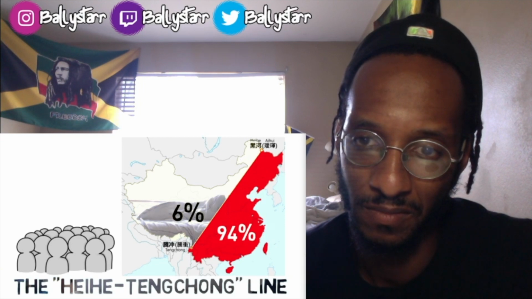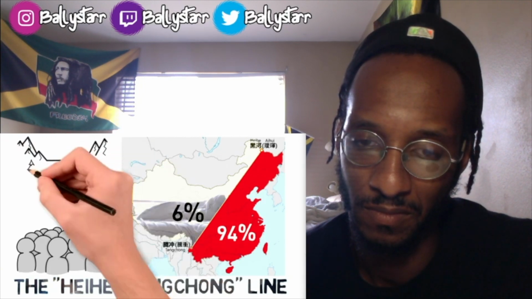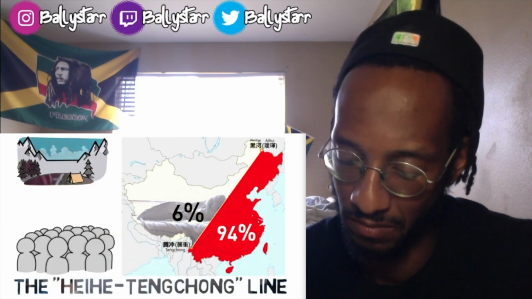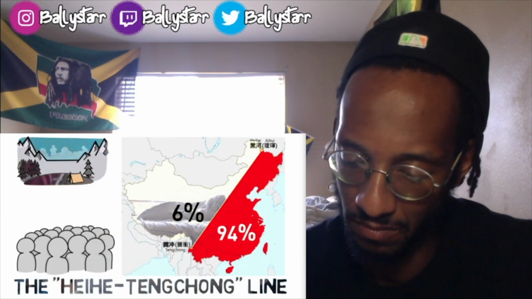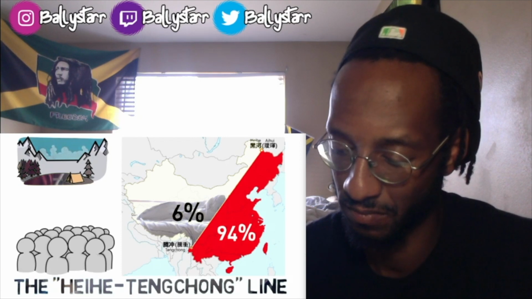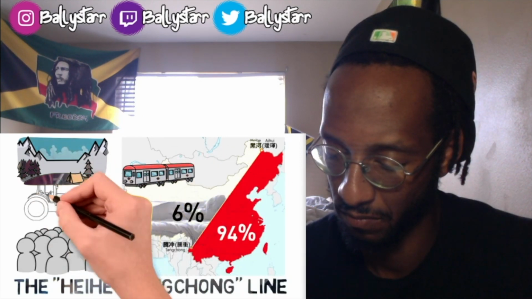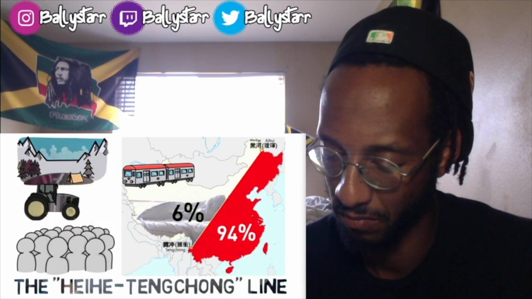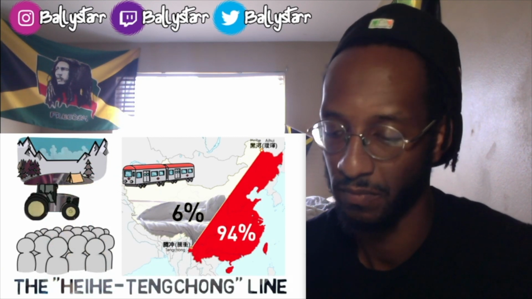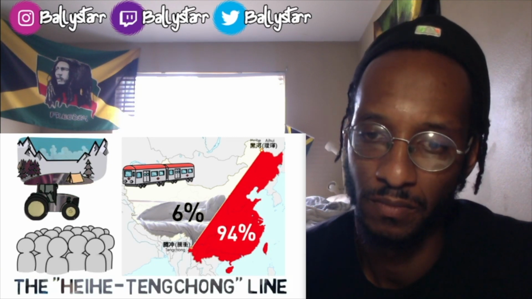And there are a few reasons for such uneven distribution. One of them is terrain. Part of the interior has mountains, which makes it hard for transportation, agriculture, and even industry to develop. This leads to fewer jobs being available in those regions. Some of the interior also has somewhat inhospitable climate, leading the people to the coast.